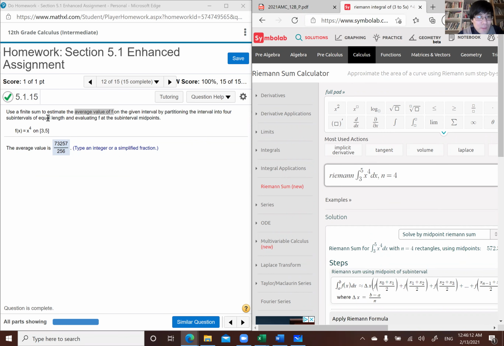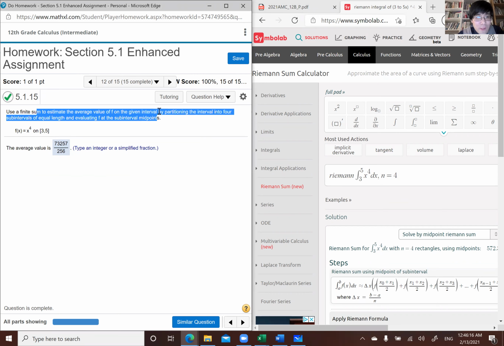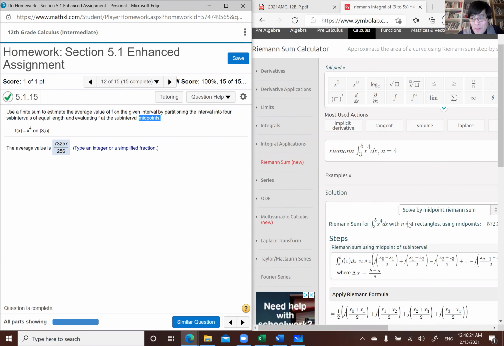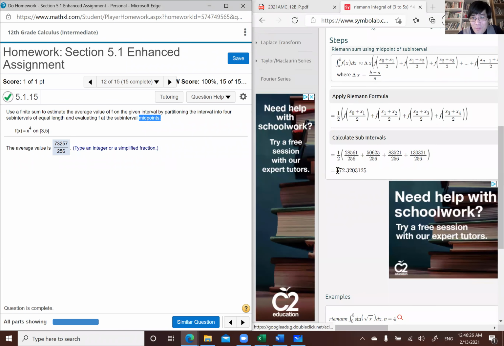And which interval should I use? Use a finite sum to estimate: partition the interval into 4 equal-length subintervals and use the midpoint. It said midpoint, so I'm going to use a midpoint sum. The answer is going to be 5. This is terrible. It's in decimal.